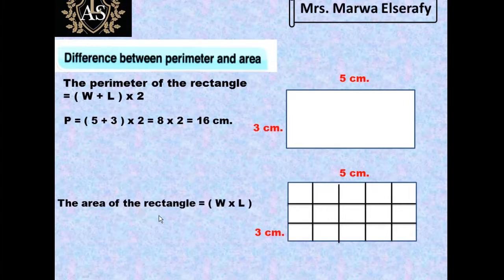Yes. Area of a rectangle equals width times length. So I will multiply 3 and 5, or 5 and 3, which equals 15. 15 what? 15 centimeter square. Area is measured by square units.